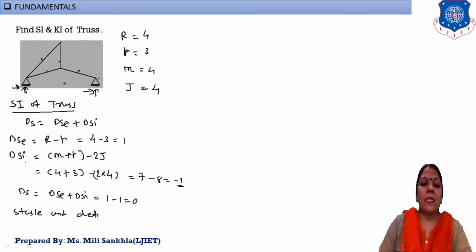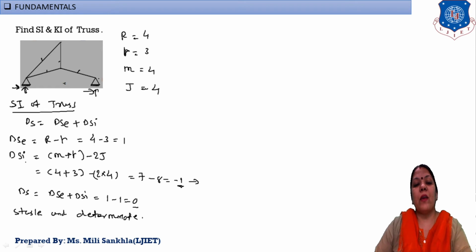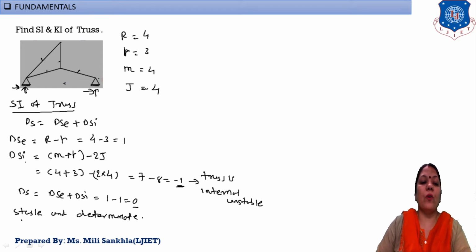Here our answer is stable and determinate because our unknown force is 0. According to the answer, the truss is internally unstable because the answer is negative, but our overall structure is stable and determinate.